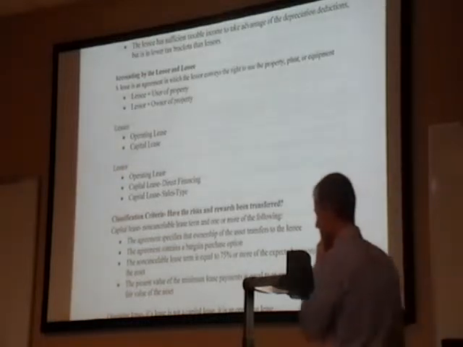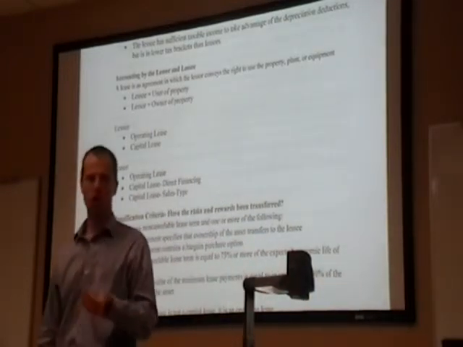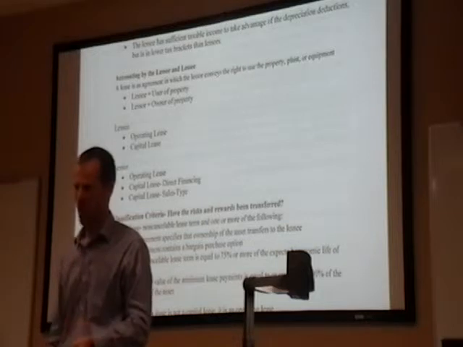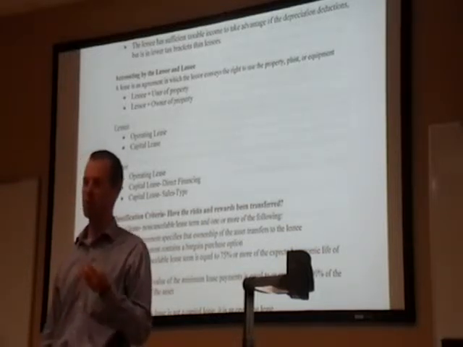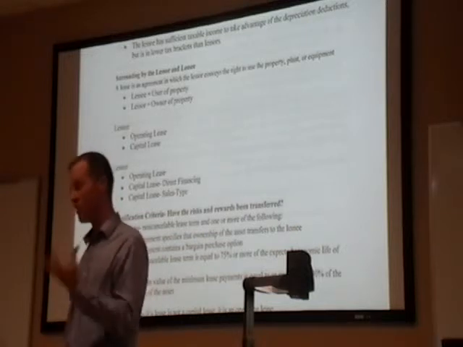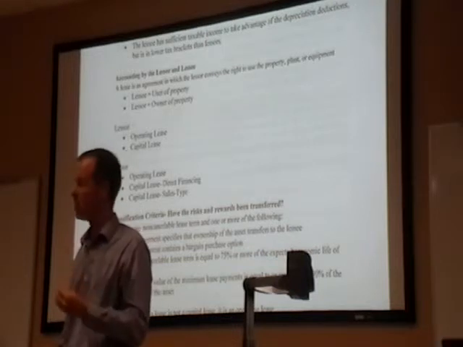So before we get too much farther, let me acknowledge that the lease rules are currently in limbo. The FASB and the IASB have been working furiously to come up with better lease standards. There are some issues with the way it currently works, and we're going to talk about some of those as we move forward.